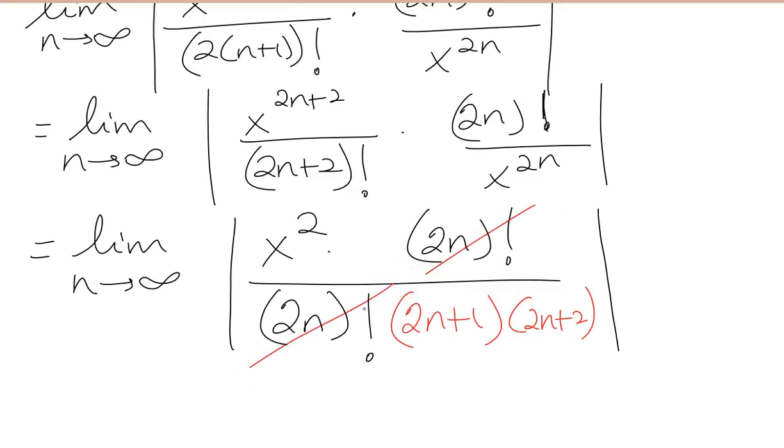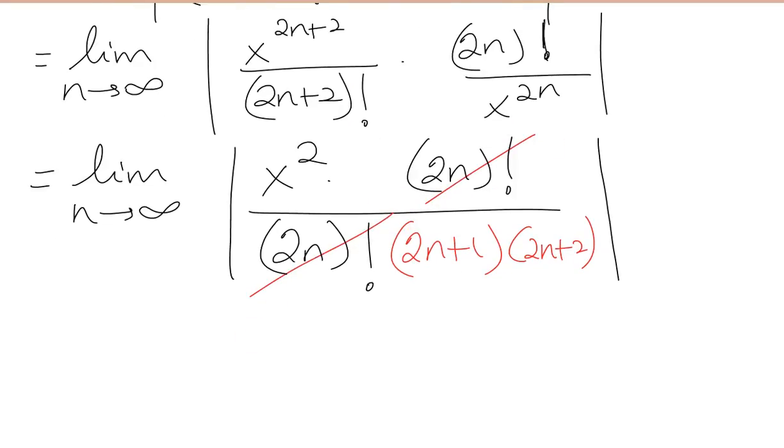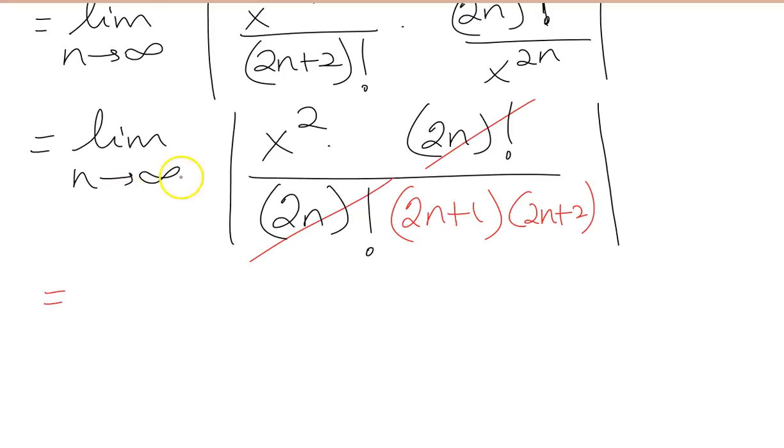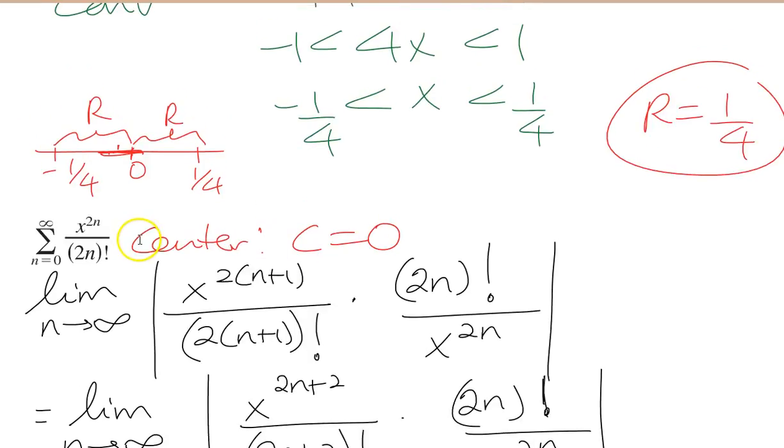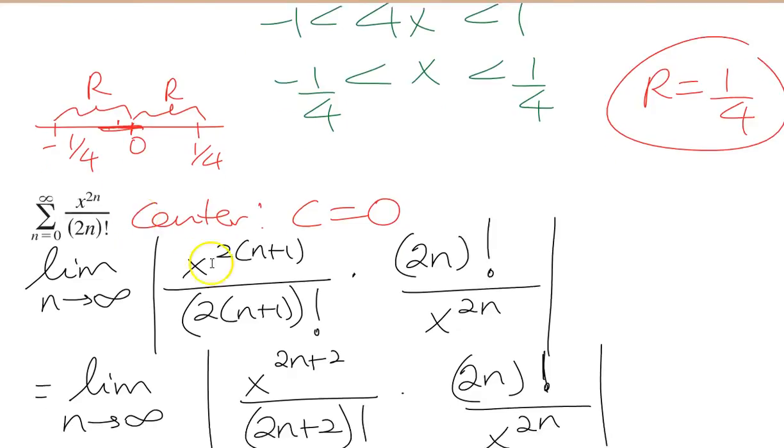So cancel this. Now look, when n goes to infinity, the denominator is going to go to infinity. So overall, it's going to go to 0. So the limit of the ratio is less than 1, no matter what x is. Now, of course, when x is 0, we know that at the center, every power series converges.